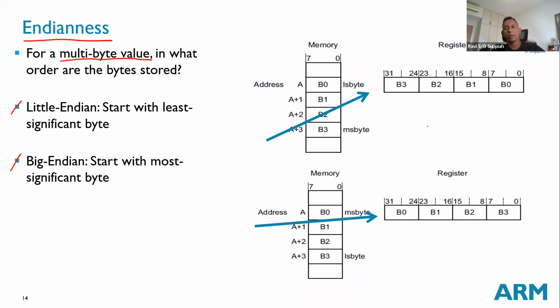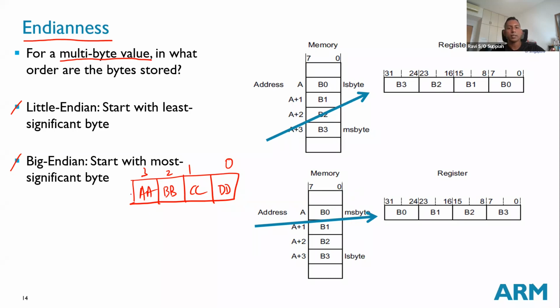So when I have multiple bytes, if I take a 4-byte value, let's say these are addresses 0, 1, 2, and 3, and inside this I store data called AA, BB, CC, and DD.